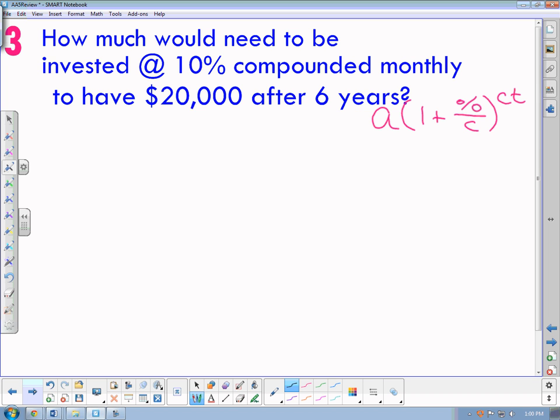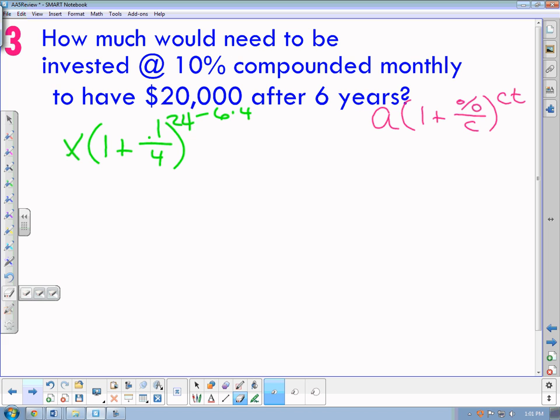One more story problem here: how much would be compounded monthly to have 20,000 after 6 years. We're investing money, which we don't know, so that's our variable. It's 1 plus 0.1 over 4 to the 24, because that's 6 times 4, and that's 1 over it. And so then that all has to equal that right there, 20,000.